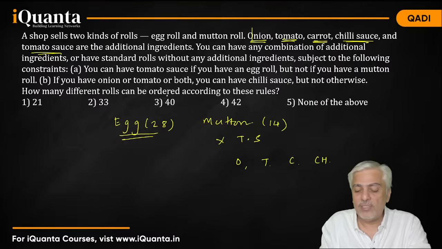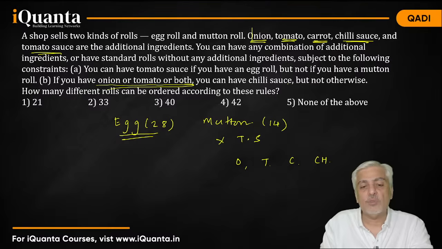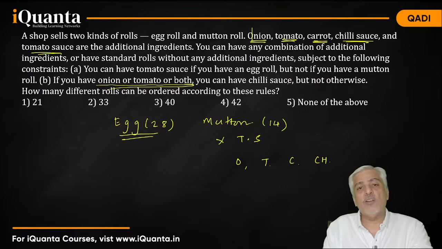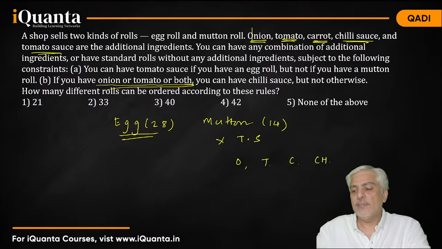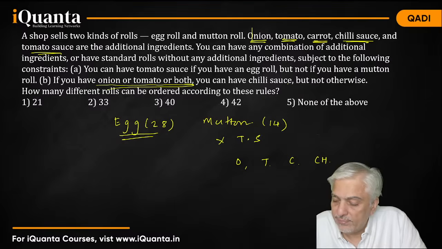How many different rolls can be ordered according to this rule? You can have chili sauce only if you have onion or tomato or both. So only in those cases you are supposed to have chili. So you have to count. Best is, in which cases are you not allowed to have chili? That's the easier way of doing it.